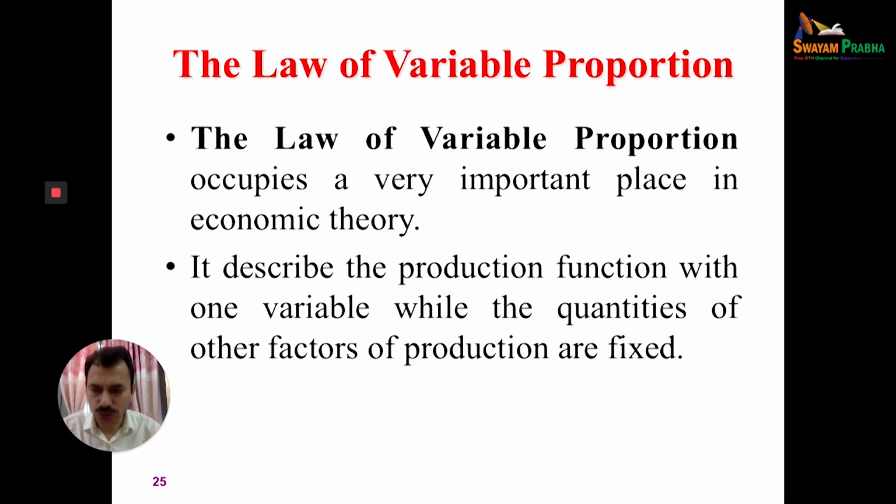Here we assume that, say, labor is the only variable factor and other factors are constant. And when we increase the variable factor, say labor, by assuming the other factors of production remain constant, how the output will increase, we will explain.